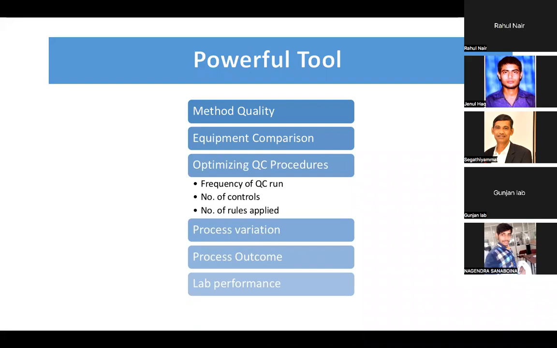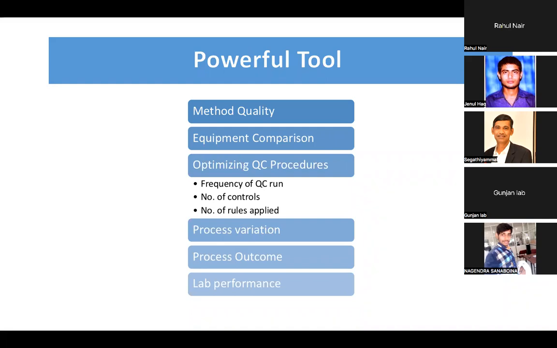And still, if our Six Sigma is maintained, we can further reduce QC procedures and the number of QCs per day. And we have documented evidence with us in the form of Six Sigma. Our quality is not compromised. How frequently we need to run, how many controls we need to run, how many rules shall be applied, we can decide that.